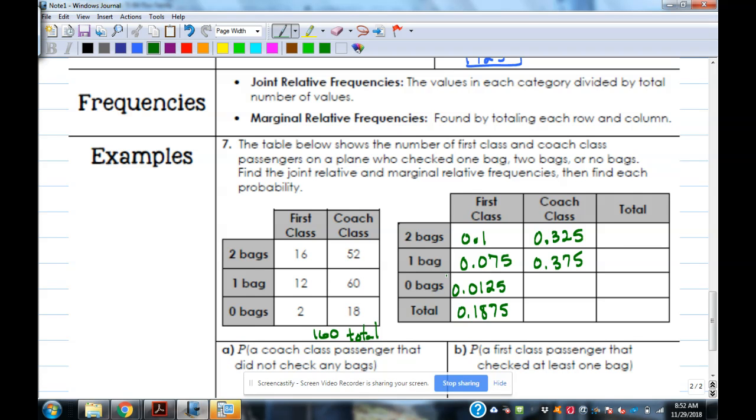Be a little bit more than 2 bags in first class. And then total those up in that column. Is that right?